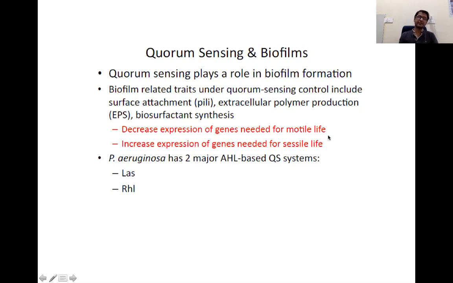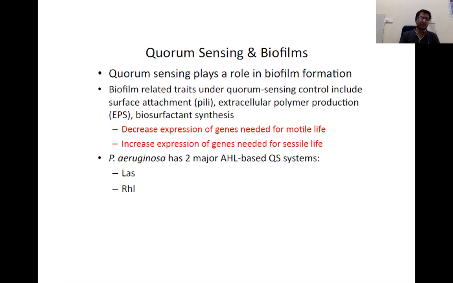As I told you, bacteria present in the biofilm are sessile, so they live a sessile life. So the genes required for the expression of flagella or pili decrease in expression, while the genes needed for sessile life, to remain at one place, increase in expression.